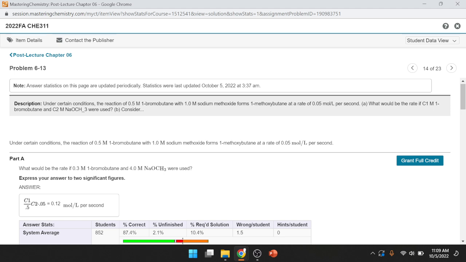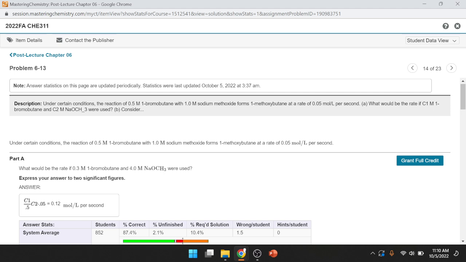Everybody okay so far? All right. So you have one set of conditions here that you can plug in, right? That's set 1. That can be on your left side, which it is over here. So that would be your 0.05, your rate, and then you'd be dividing by your concentrations, right? Notice that's 0.5 and 1.